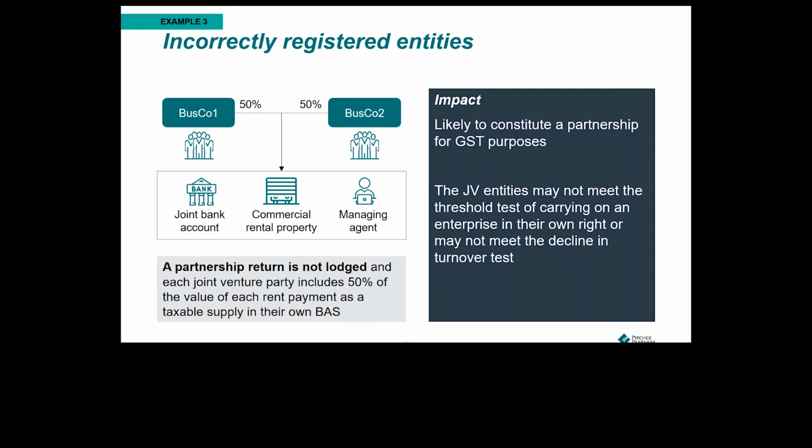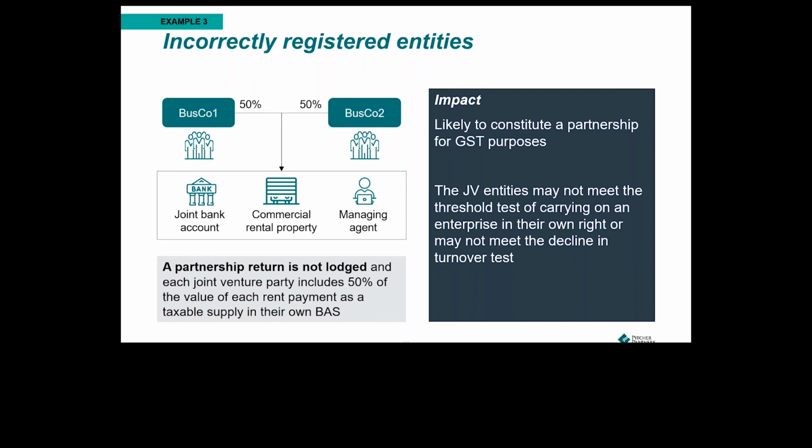If those two business companies are separately registered for GST, it's quite possible that that may be an incorrect registration, on the basis that if that enterprise is being conducted jointly and they're deriving income jointly, then they could well be a partnership for tax and GST purposes, and may well have been required to actually register as a partnership for GST purposes.